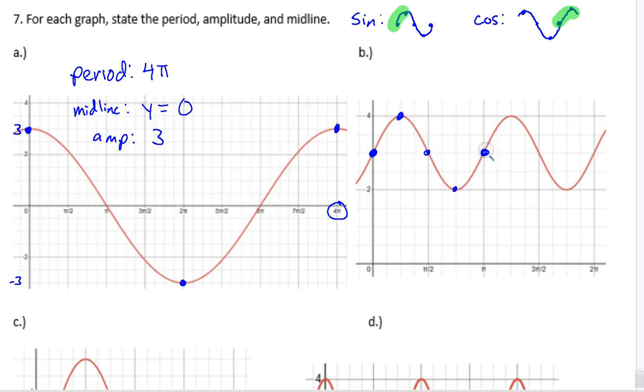And I see that we end here at pi. So period is pi. These center lines, make sure you check your scale, are at y equals 3. And the amplitude is only 1, even though there's 2 squares.